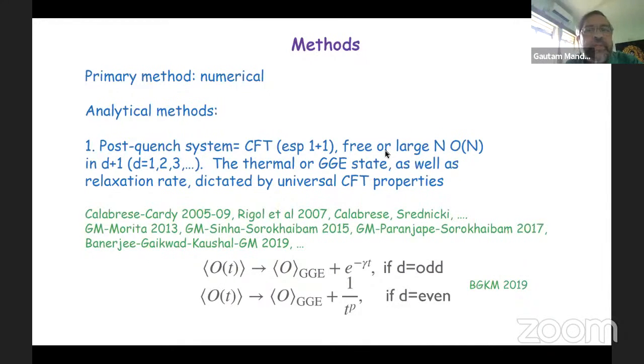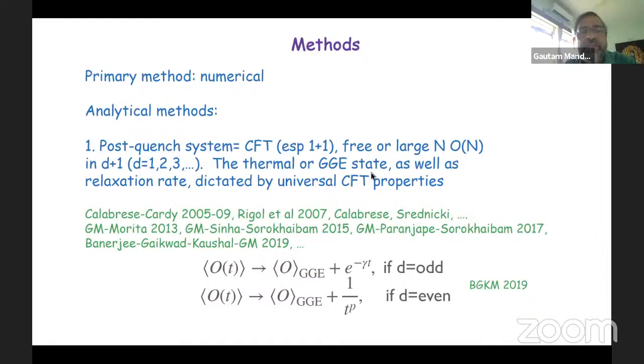Among the analytic methods, if the post-quench system is a conformal field theory, especially 1+1 dimensional conformal field theory, or it's a particularly simple system like a free quantum field theory or an O(N) model at large N in other dimensions, so d+1 space-time dimensions where d can be 1, 2, 3, etc., the thermal or GGE states as well as relaxation rates, we are able to prove in these cases the statement of thermalization.